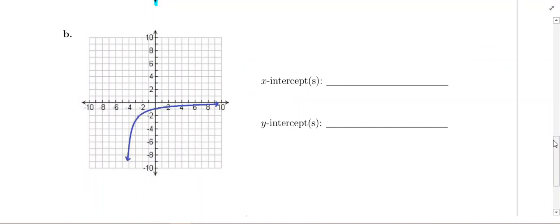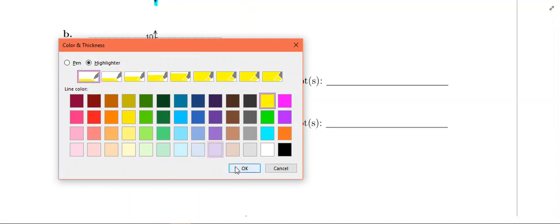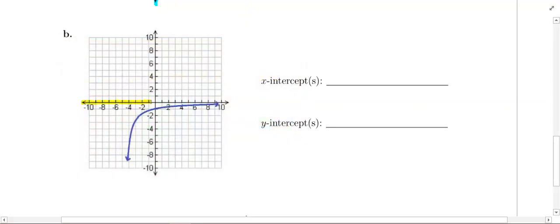If we're looking at the x-intercepts, we need to figure out where the graph crosses or touches the x-axis. Again, the x-axis is going to be the horizontal axis. So here's your x-axis, and we're trying to figure out where that blue graph is going to cross or touch it.